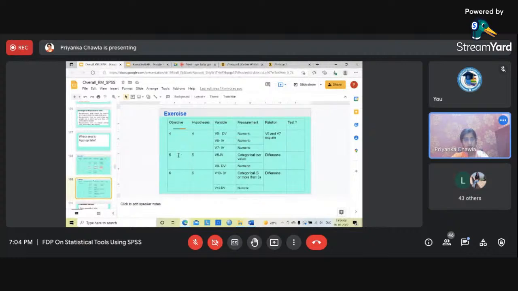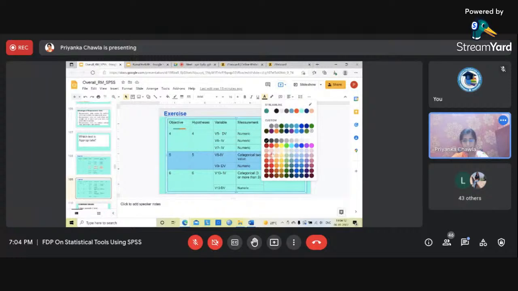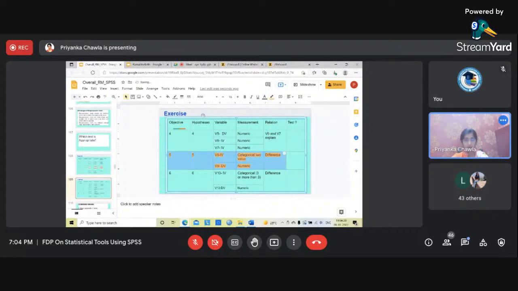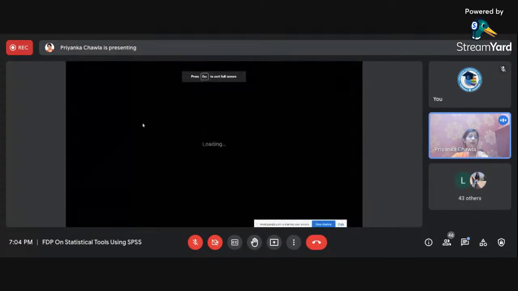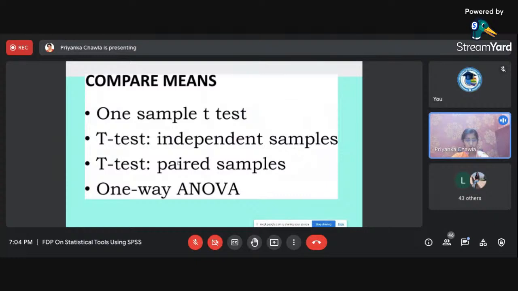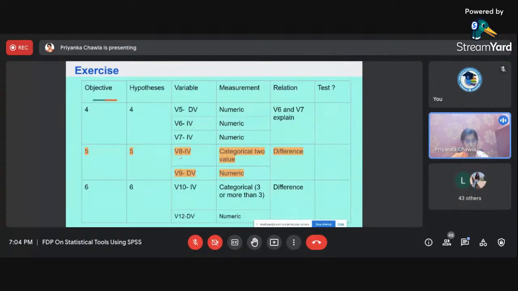Suppose there is an objective and we have framed one hypothesis for that. The independent variable is categorical with 2 values and the dependent variable is numeric. Numeric means scale.